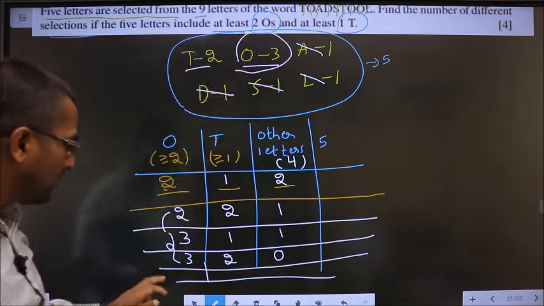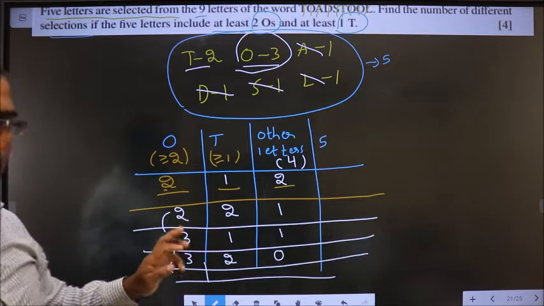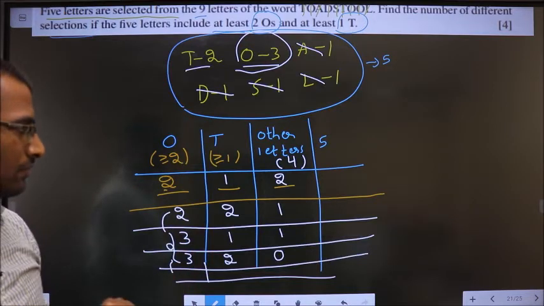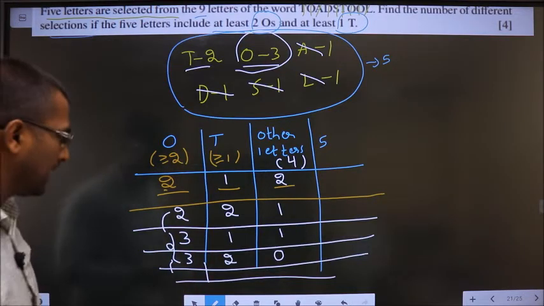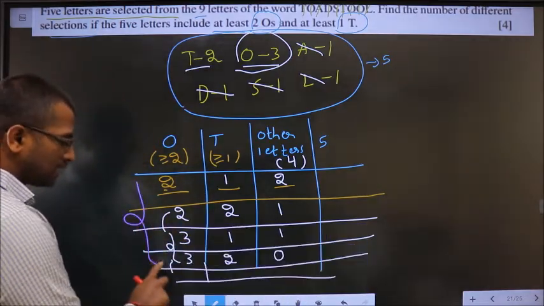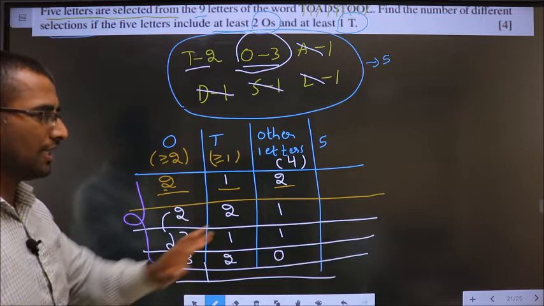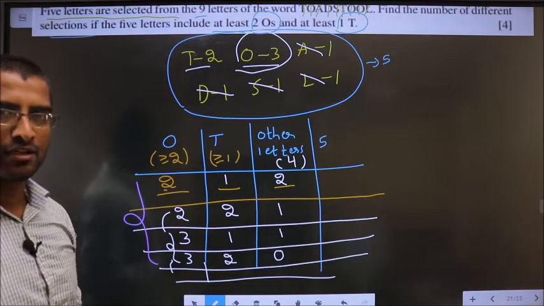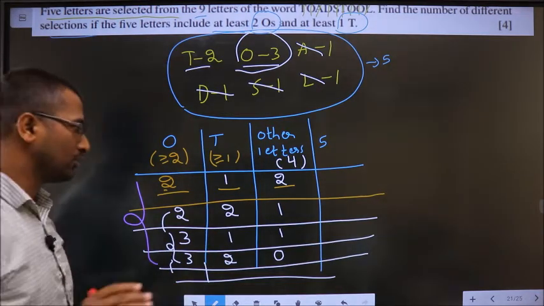So now I cannot increase this count because there are only 3 O's. From that my conclusion is only these are the options satisfying this condition and the count. Clear?